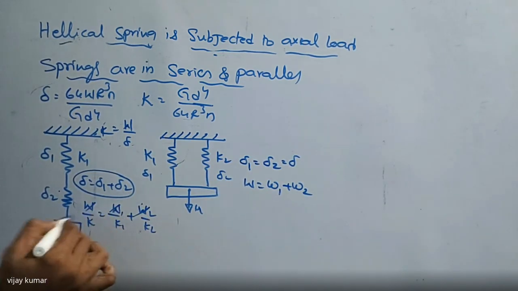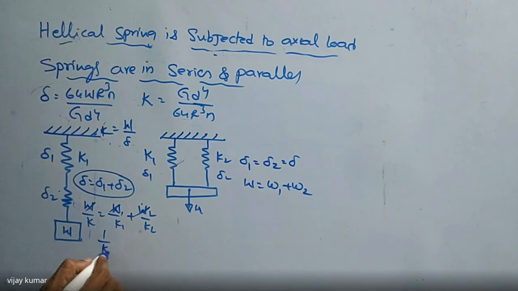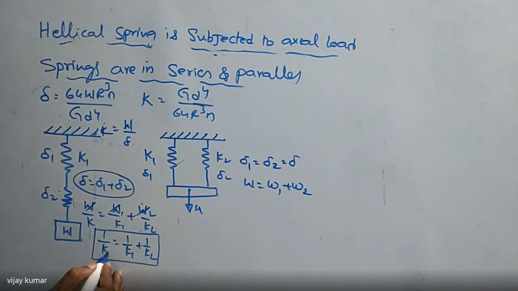But W1, W2 are all the same. Then we can get 1 by K is equal to 1 by K1 plus 1 by K2. So this is the formula we can use to calculate the equivalent stiffness of the spring when springs are connected in series.